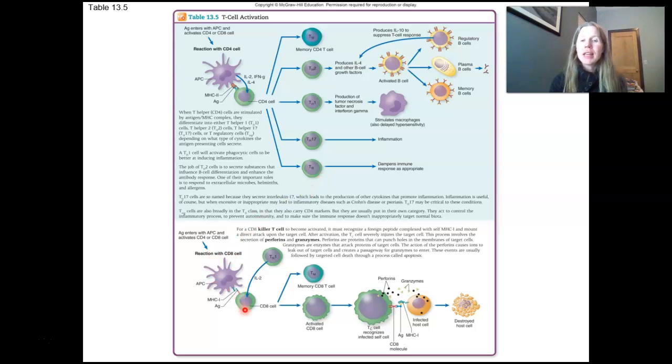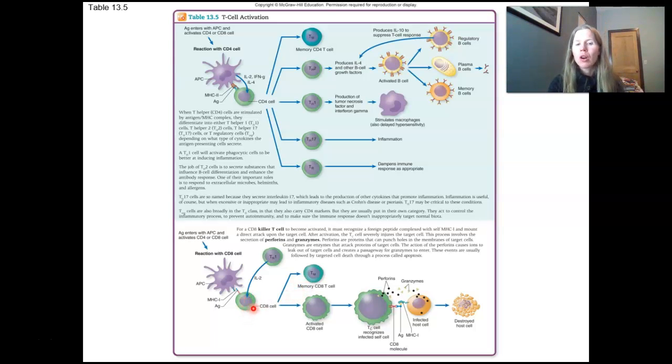Then in this lower picture, what we're seeing is how a CD8 or cytotoxic T cell works. Here's our helper T cell, and it's going to activate a cytotoxic T cell that has the same receptor shape, the one that can match the microbe.